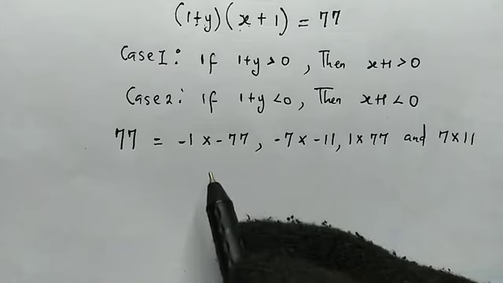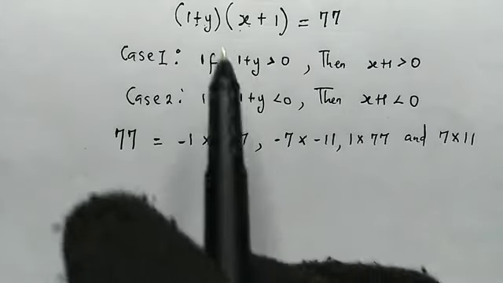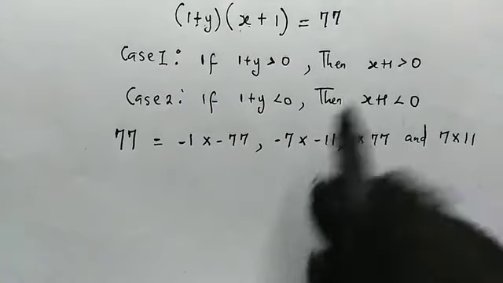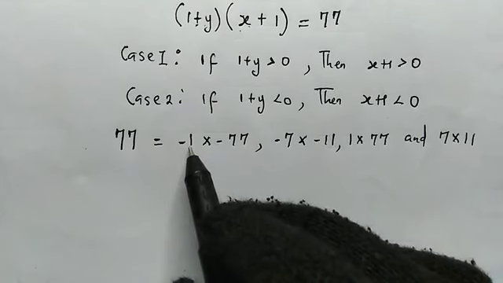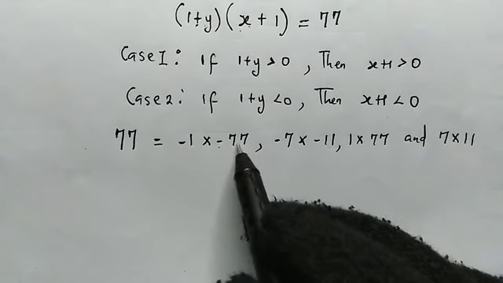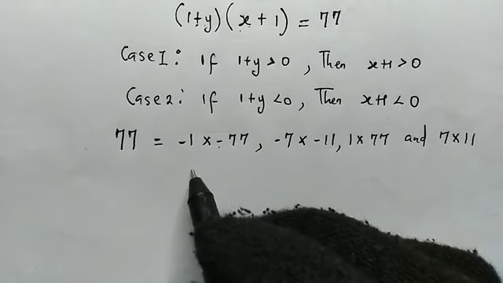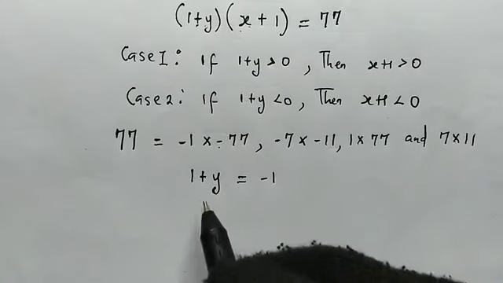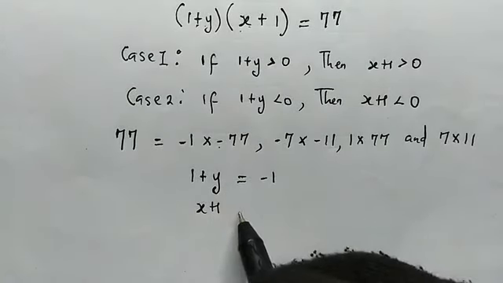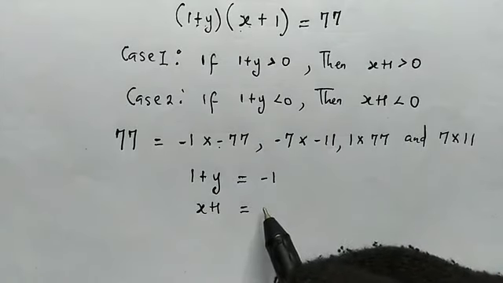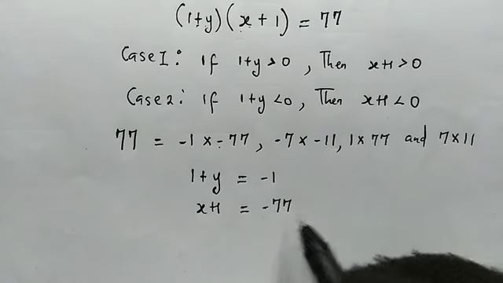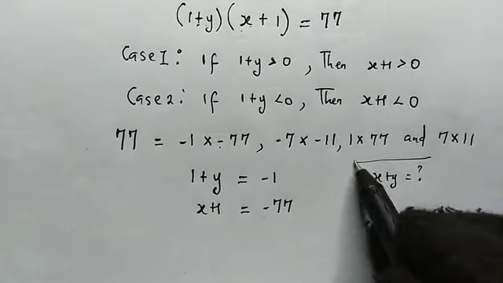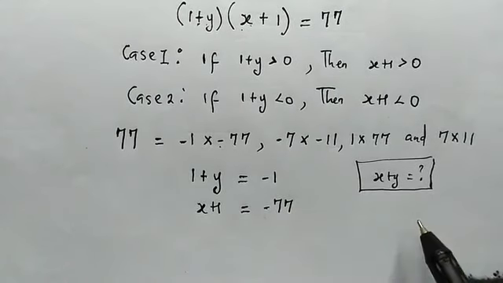Now let's start with the first one. Remember, if 1 plus y is less than 0, then x plus 1 must be less than 0. In this case, negative 1 is less than 0 and negative 77 is less than 0. So 1 plus y is equal to negative 1, and x plus 1 is equal to negative 77. Remember, we're solving for x plus y, so there's no need to solve for the values of x and y separately.